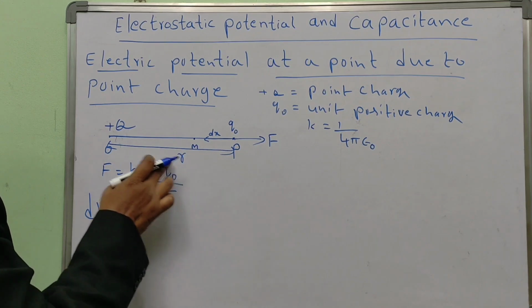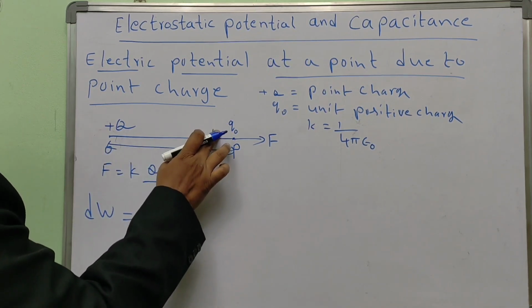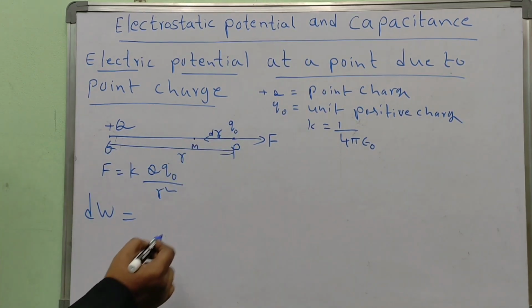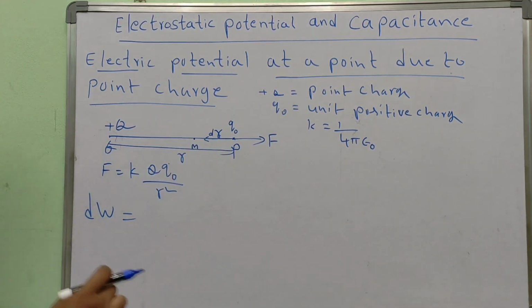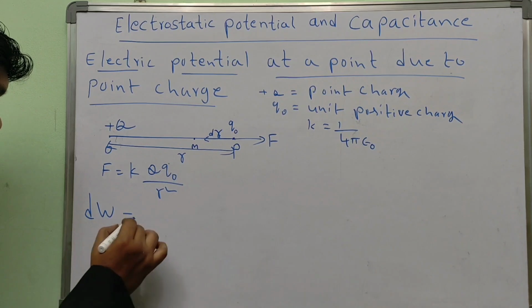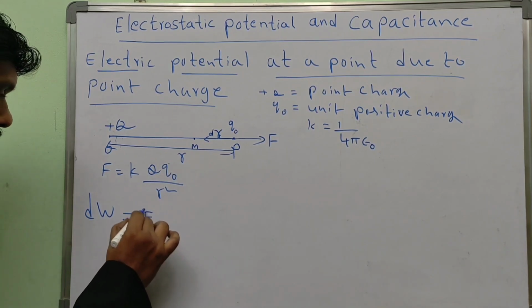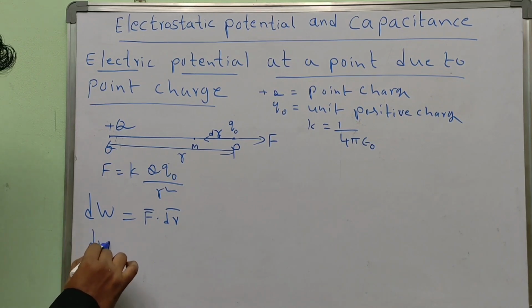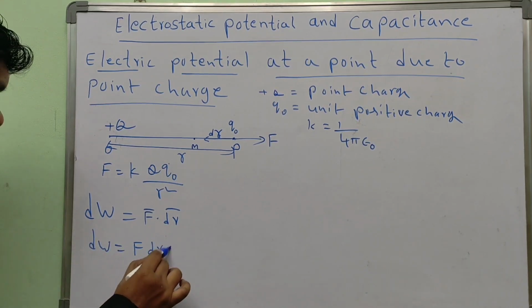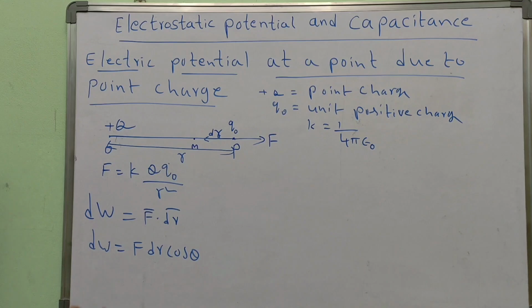My dear student, if you consider here r, then the small distance is dr. So work done is equal to F vector dot dr vector, then work done is equal to F dr cos theta. Here what is theta? The angle between the force vector and the dr vector.